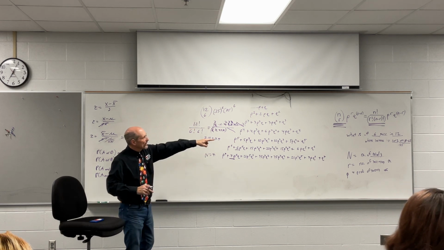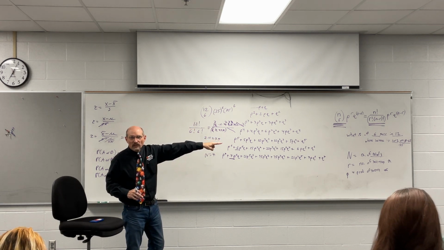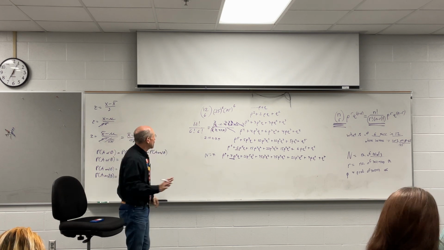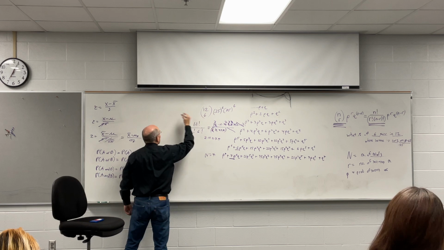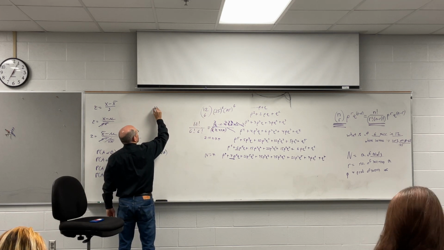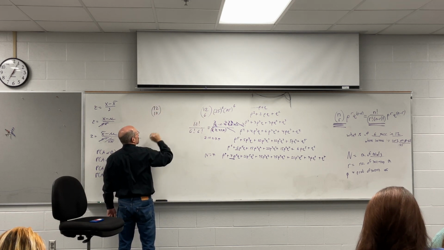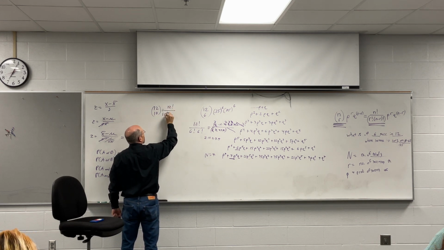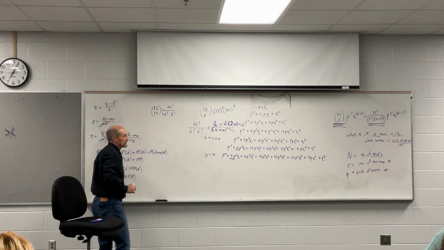Because suppose instead of saying what's the probability of 6 in 12, suppose I say what's the probability of 10 in 12. Read the concept. If I have 10 instead of 6, instead of 12 choose 6, I've got 12 choose 10. That's equal to 12 factorial over 10 factorial times 2 factorial.